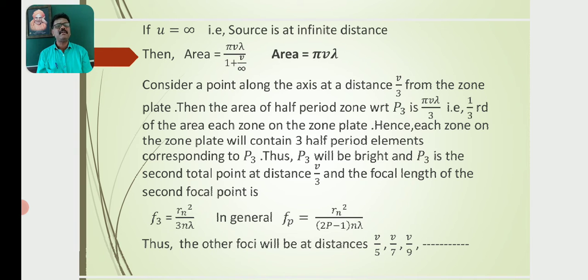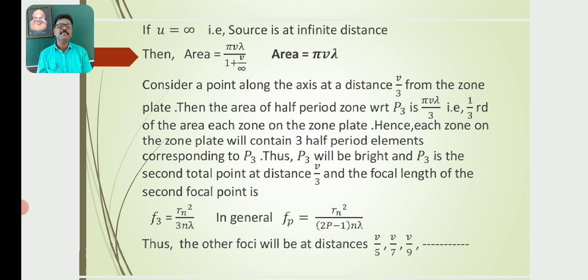The area of the half-period zone with respect to P3 is pi v lambda by 3. That is 1 by 3rd of the area of each zone on the zone plate. Hence each zone in the zone plate will contain 3 half-period elements corresponding to P3.